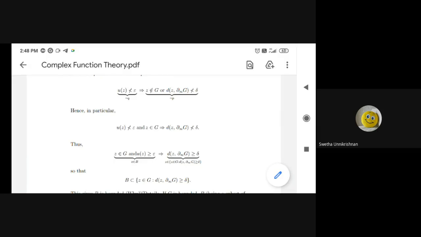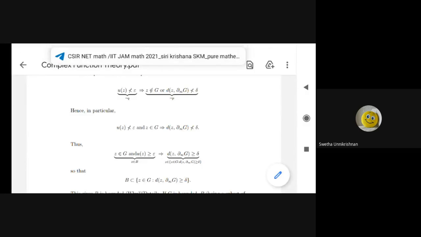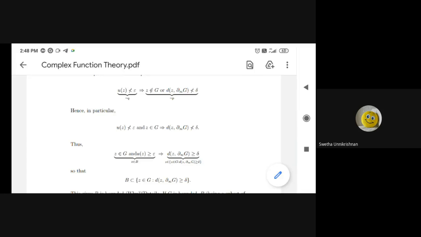That is, we get u of z not less than epsilon, and z belongs to G. This means that z belongs to G and u of z is greater than or equal to epsilon, which implies that d of z comma del infinity of G is not less than delta, meaning d of z comma del infinity of G is greater than or equal to delta, so that we get B is a subset of the set of all z belongs to G such that d of z comma del infinity of G is greater than or equal to delta.